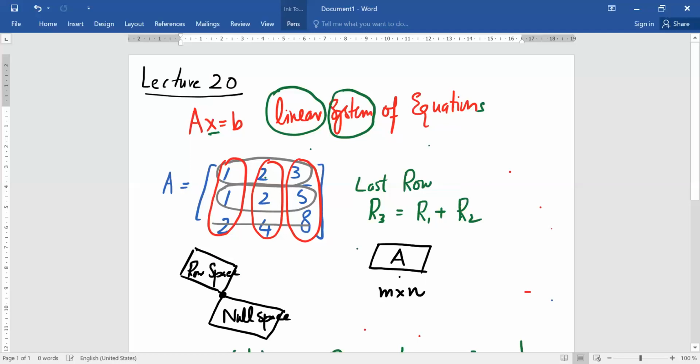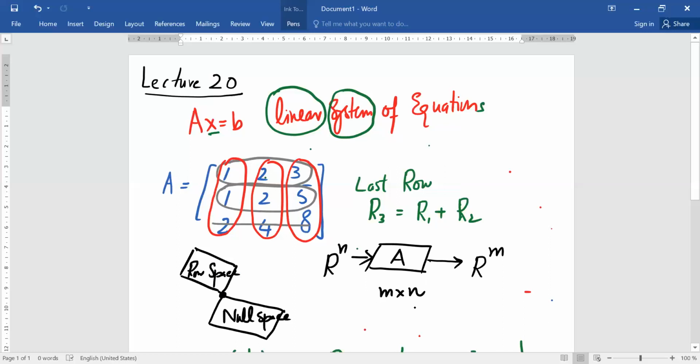So this is the order of my A. Now what will happen in this case, all the vectors in R^n will enter into A, and A will transform them to vectors in R^m.